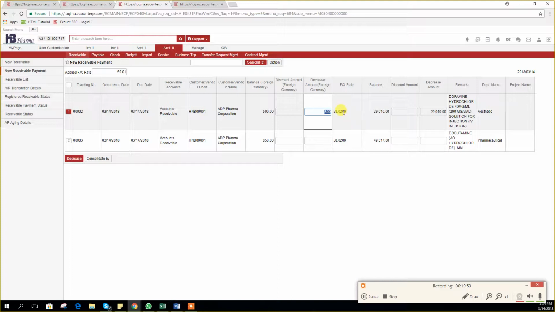Maybe the customer only pays you 200. Now this is the foreign currency that they pay you, and it is going to be dependent on this one. This is the current exchange rate. So now they pay you half first, whatever.